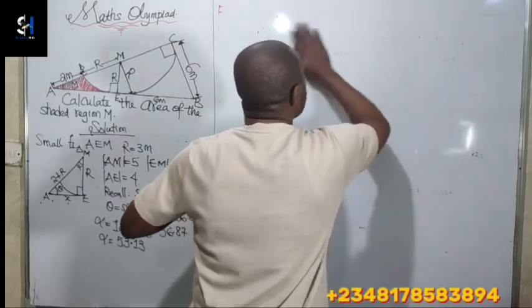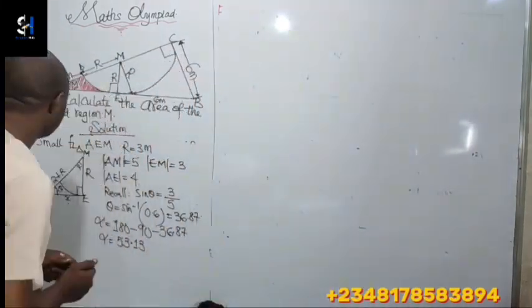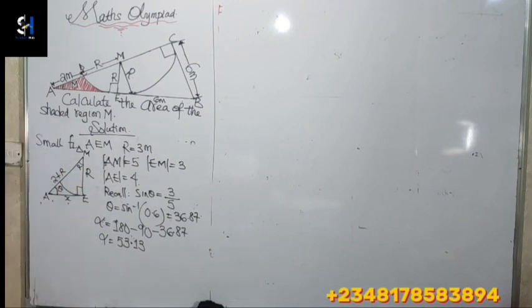To calculate the area of the shaded region labeled with letter M, we have the angle which this arc subtends at the center, the angle of the sector.